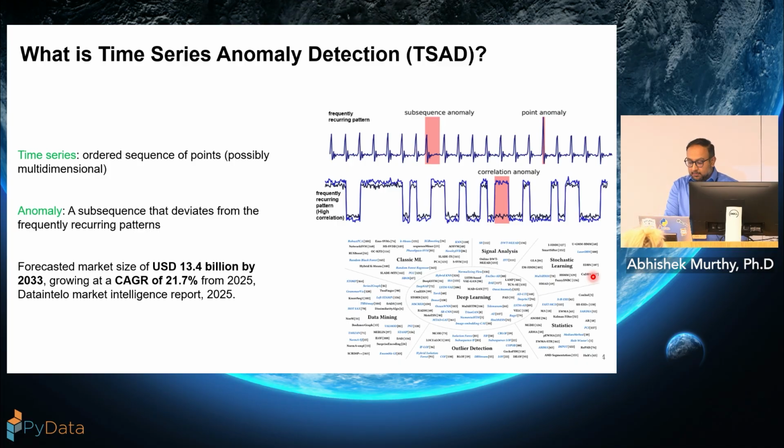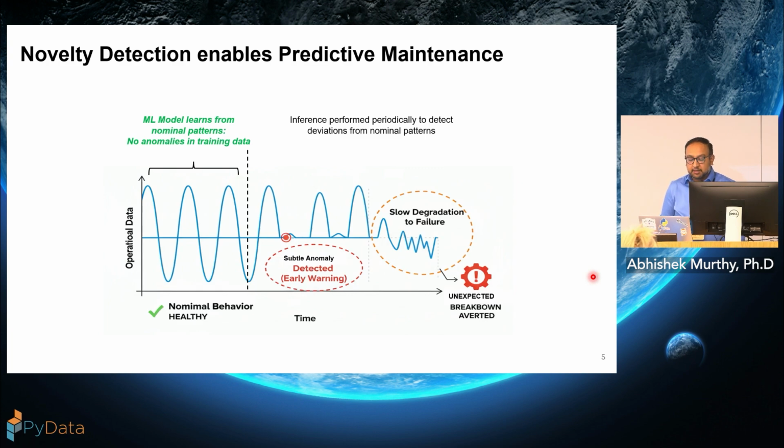That was TSAD in general. I'm specifically interested in a variant of anomaly detection in this talk known as novelty detection. In novelty detection, the machine learning model does not have access to anomalies during training.